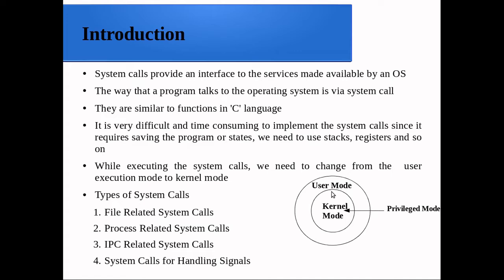Context switching is nothing but the program switching from user mode to kernel mode. These system calls are available as routines written in the C language. Just as we write functions in C, in the same way the system calls have been written. So the way a program talks to the operating system is via system calls.